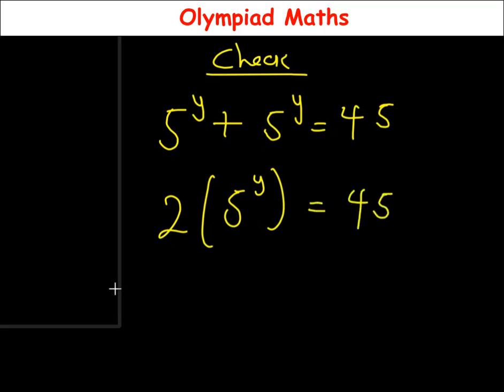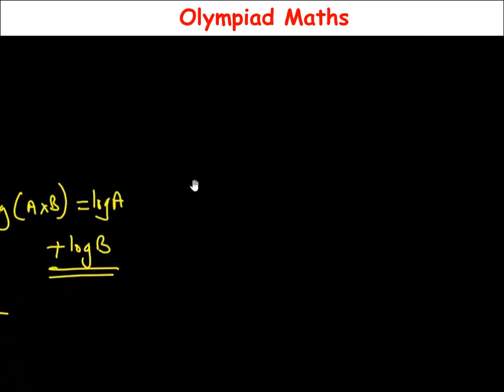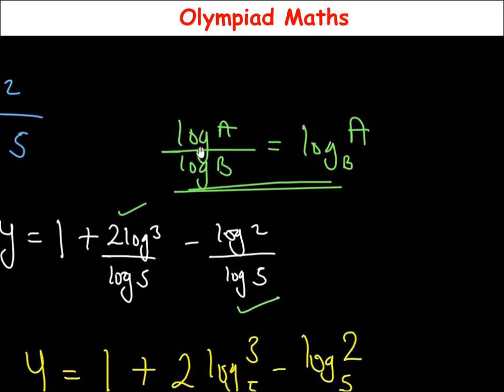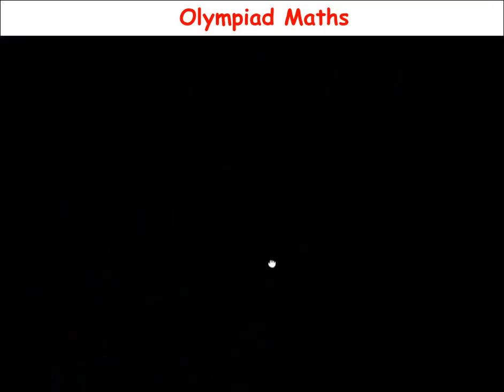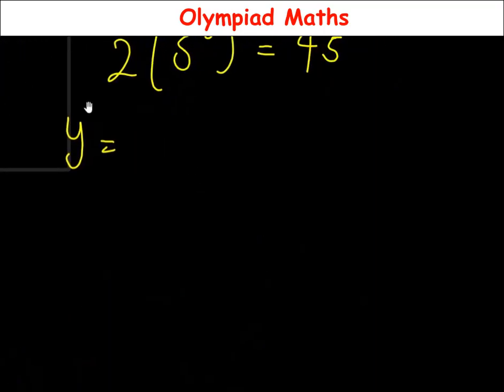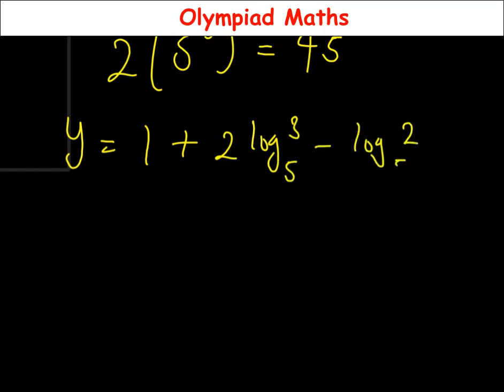And from the solution I got, the value of y that we got was 1 plus 2 log 3 base 5 minus log 2 base 5. So inputting the value of y into this equation, we have 2 into bracket 5 power y, which becomes 5 power of 1 plus 2 log 3 base 5 minus log 2 base 5.